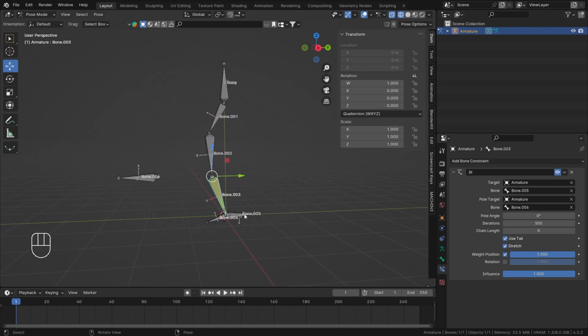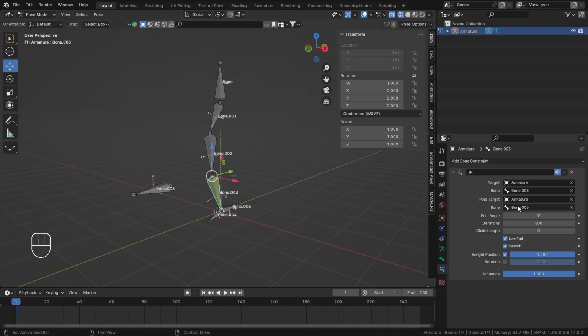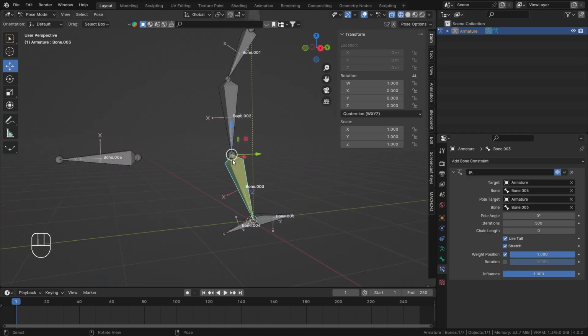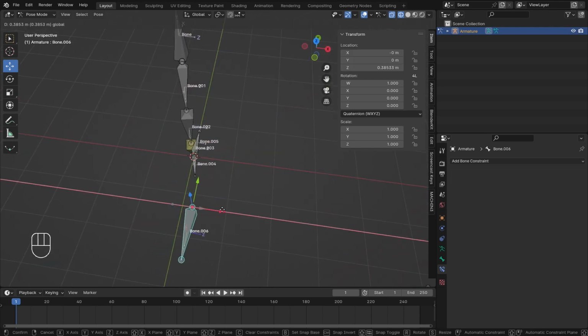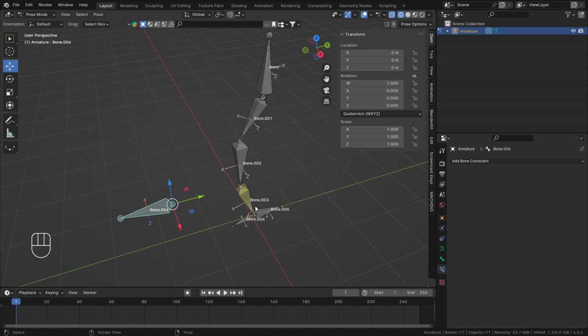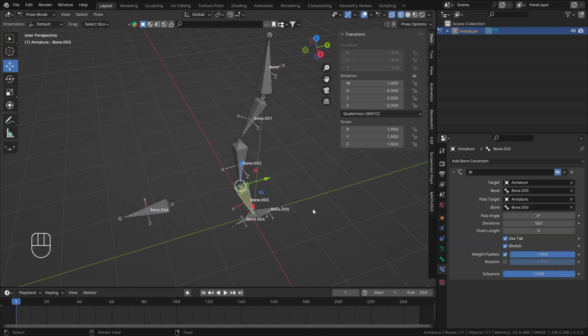So yeah, now let us assign the pole, and I guess we already have assigned the pole. Now what does the pole do? Well, if I select the pole now and if I move it, you'll see that my knee is basically following that pole. So we are dynamically controlling the roll of each and every bone with this pole angle.